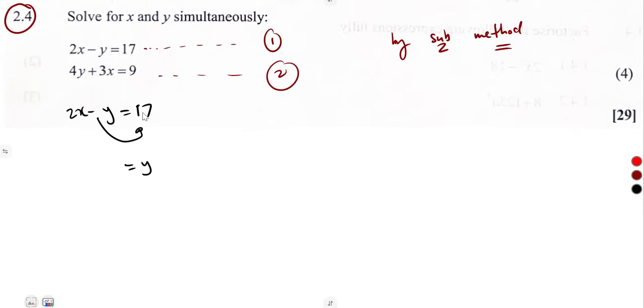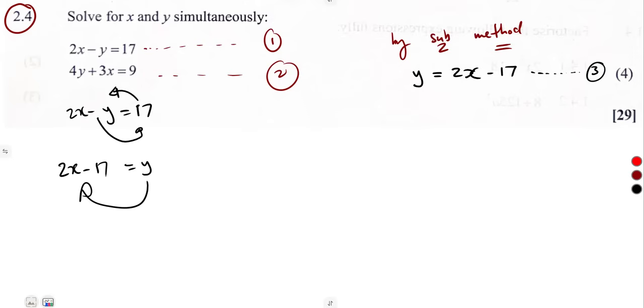It's going to be positive, and 17 to the other side is going to be a negative. So y is the subject. Y is equal to what? 2x minus 17. It's going to be my equation 3. So I made y the subject from equation 1.